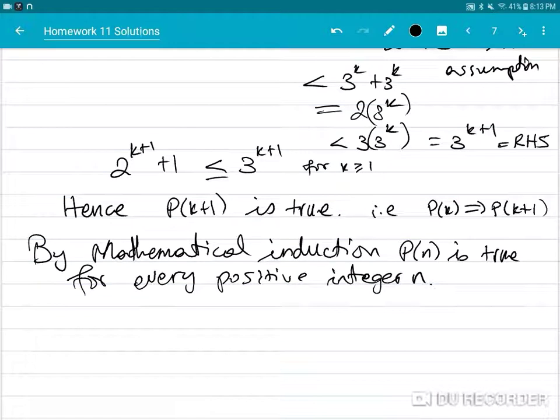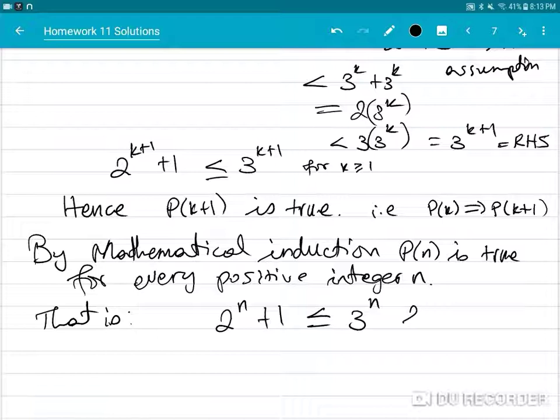In other words, 2 to the power of n plus 1 is always less than or equal to 3 to the power of n for each n greater than or equal to 1. And that concludes the proof.